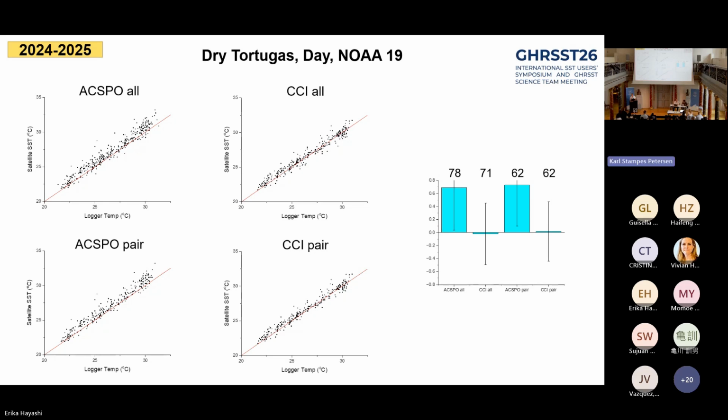But it shows that AXPO badly overestimated, had a positive bias, whereas CCI did a good job. This is, from what we've seen so far, very typical daytime NOAA 19. It's also typical for VIIRS.